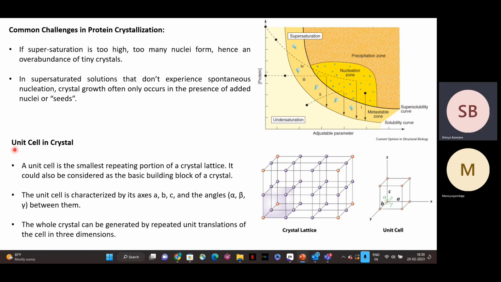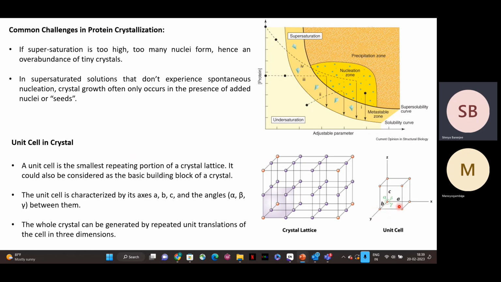Now, you know about the unit cell in a crystal, which is the smallest repeating portion of a crystal lattice, which is the basic building block of a crystal. So if this is your crystal lattice, this shaded portion is the unit cell. The unit cell is characterized by the axes, which are A, B, and C corresponding to the X, Y, Z axes, and the angles between the axes shown by alpha, beta, and gamma.